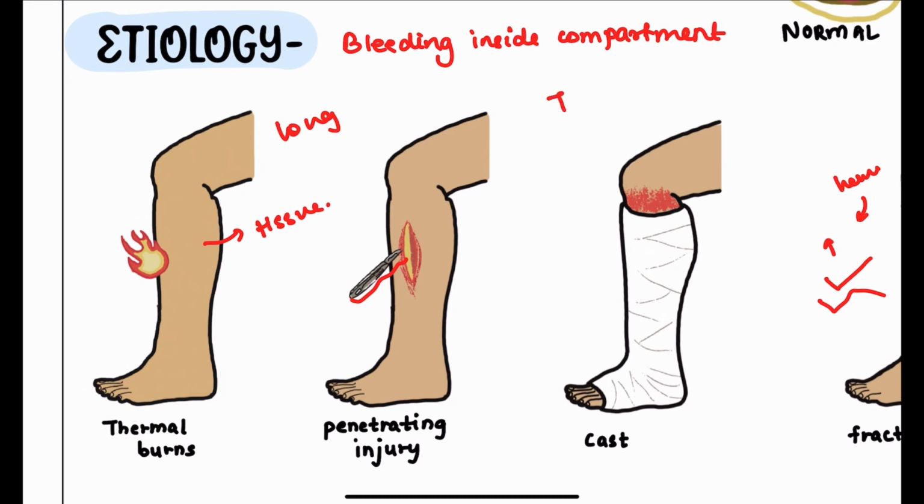Other reasons can be tetanus, where the muscles get fatigued or contracted, and seizures. Then there are crush injuries, casts that are not placed properly, excessive limb compression, tight dressings, and it is also seen in patients who are on anticoagulants, or who have a high risk of bleeding like in hemophilia. So these are all the different etiological factors for compartment syndrome.